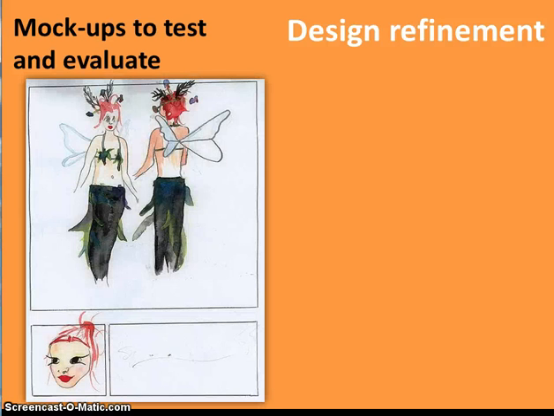The mock-up needs to be quite detailed, and it really should show the client pretty much what the final piece, or as close to the final piece as possible. So here's an example of a mock-up that was done by a former student.